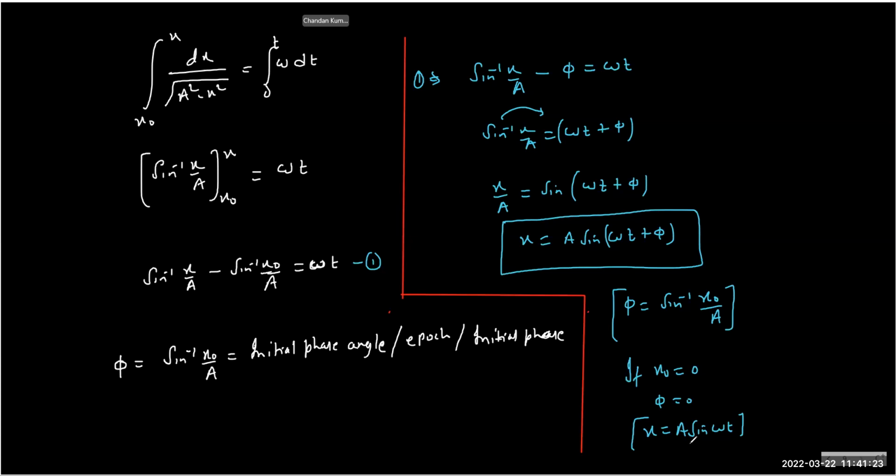That's up to you. But the whole idea is that phi is the indicator of where you begin your journey while doing the oscillation. More than that, what phi represents is where you, as an observer, saw the particle when you started observing the oscillation in the very beginning. That's called phi.